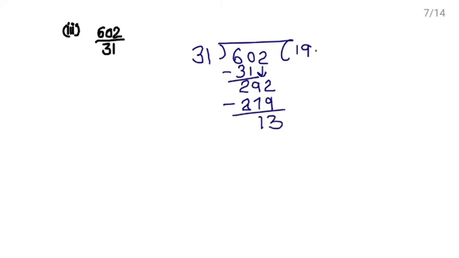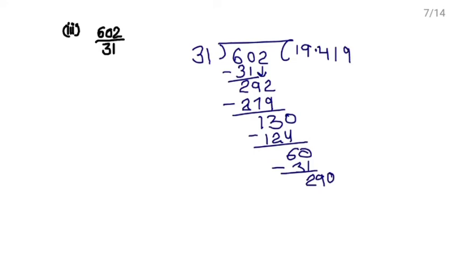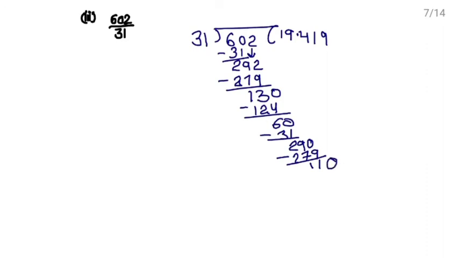You don't have any other digit, so put decimal and take 10. 31 fours are 124, subtract 60. 31 ones are 31, subtract 29, take 0 as decimal. 31 nines are 279, subtract 11, take 0 as bonus. 31 threes are 93, subtract 17.